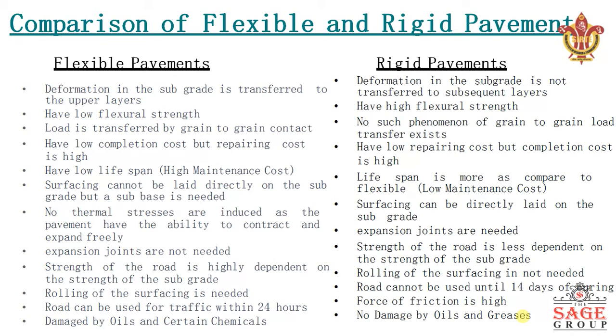In flexible pavement, expansion joints are not necessarily needed. In rigid pavement, expansion joints are necessarily needed. In flexible pavement, the strength of the road is highly dependent on the strength of the subgrade, while in rigid pavement, the strength of the road is less dependent on the strength of the subgrade. So here we have the differences between flexible and rigid pavement.